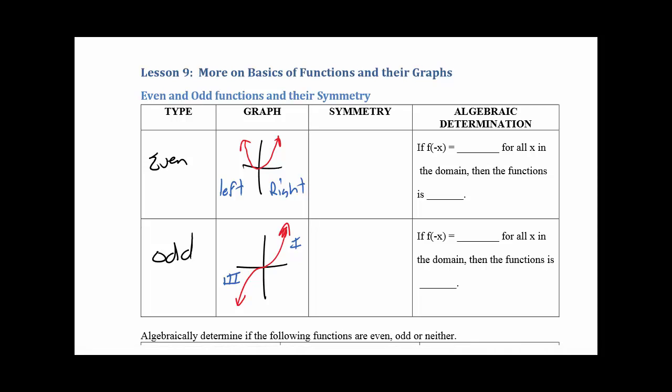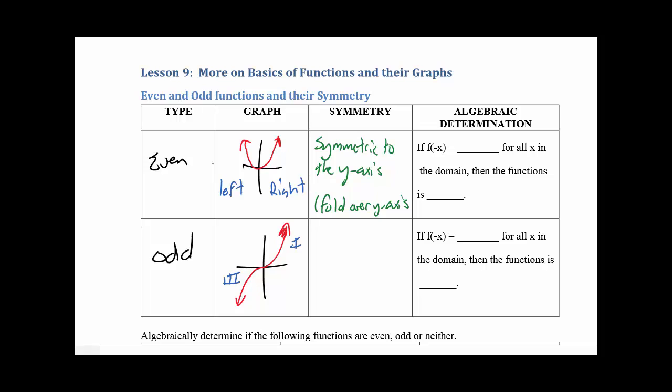Okay, so when we describe this, we say that even functions are symmetric to the y-axis, which is another fancy way of saying we're going to fold it over the y-axis. So if you imagine you took a piece of paper and folded it from left to right, you'd get the same image on top of itself.